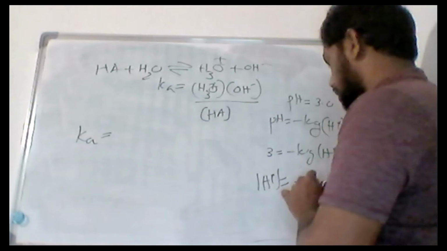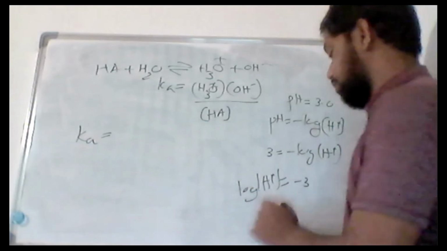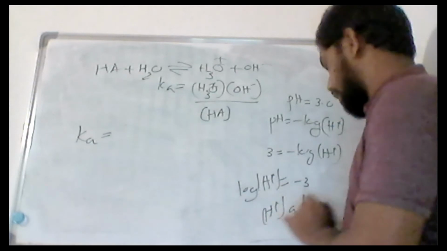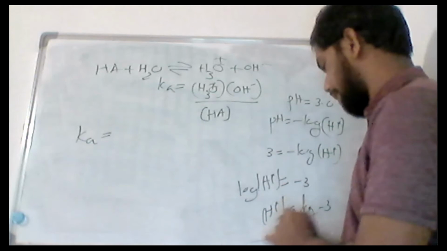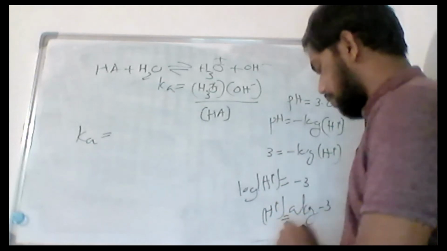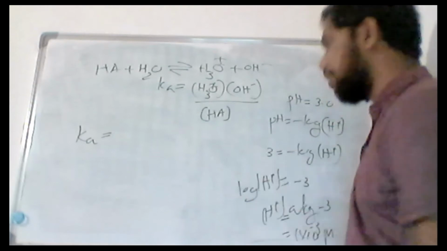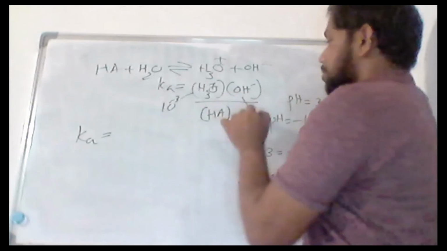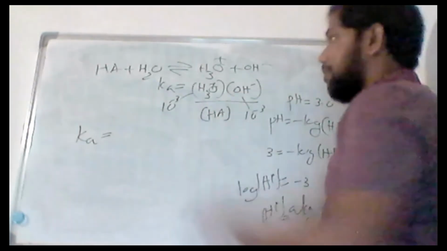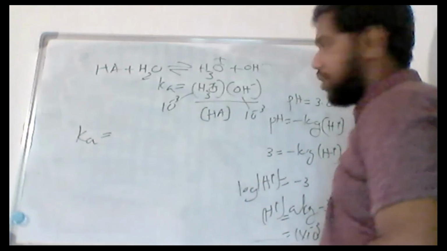So log H+ is minus 3, so H+ concentration is antilog of minus 3, which is 1 into 10 to the power minus 3. So this is 1 into 10 to the power minus 3, and the A minus is also going to be 1 into 10 to the power minus 3, because according to this equilibrium, the same amount of A minus is given to the system.